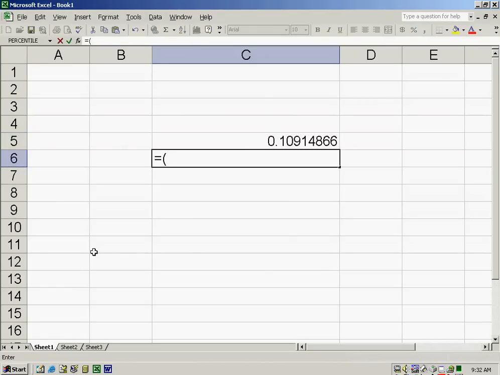So equals 3.315 minus 2.849 divided by the standard deviation, and that's 4.269.